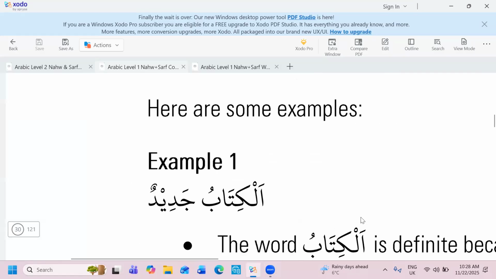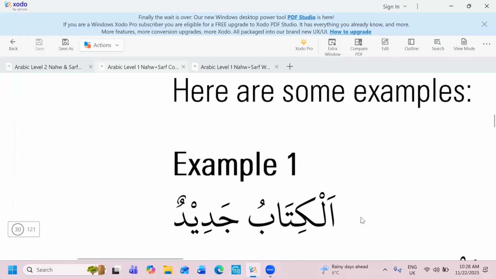So let's look at the word al-kitab. We've got 2 words. What's the first thing you notice when you look at al-kitab jadidun? Immediately. Definite versus indefinite. So you've got a word that is definite and indefinite. I know we discussed definite. How do you make a word indefinite?